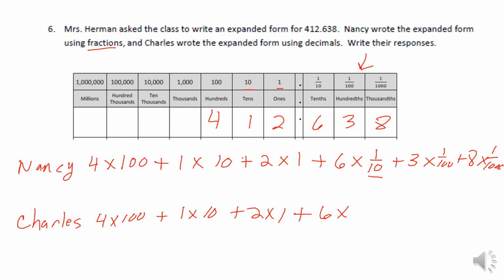So instead of a fraction, we're going to put a 1 in the tenths position, plus 3 times, on this one, we're going to put a 1 in the hundredths position, 0.01, plus, the last one I'm going to write down here, 8 times 1/1000ths. So I'm going to put a 1 in the thousandths position. That is the difference between writing them as a fraction and writing them as a decimal.